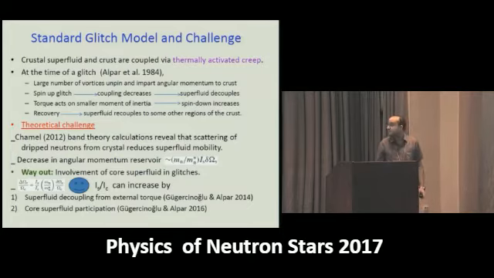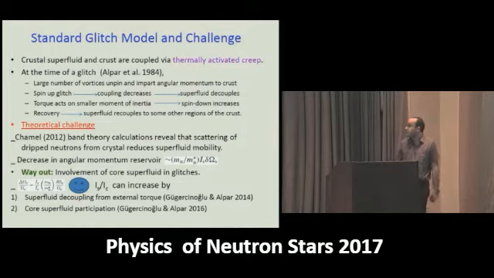This is seen as a spin up or increase in the spin down rate, and recovery is seen as the superfluid recouples to the other parts of the star. In recent years, there is a theoretical challenge to this standard picture.